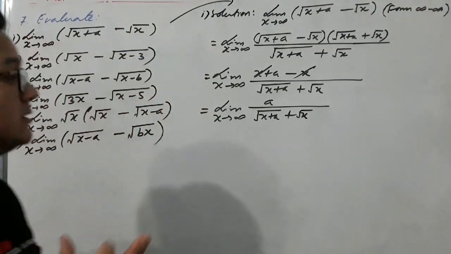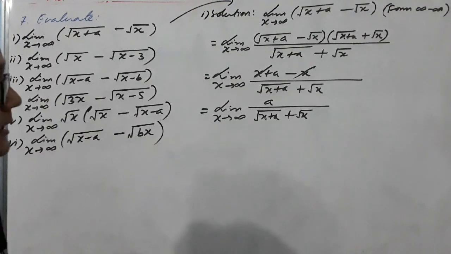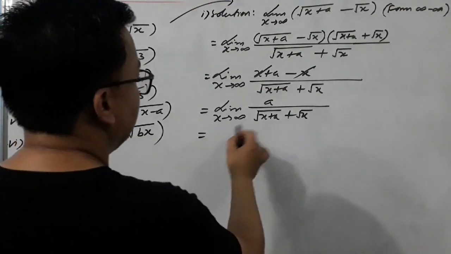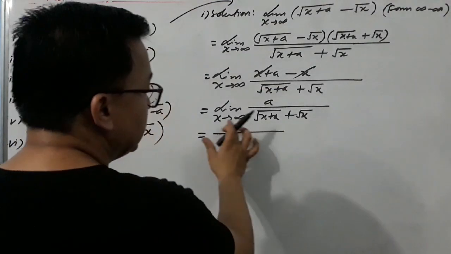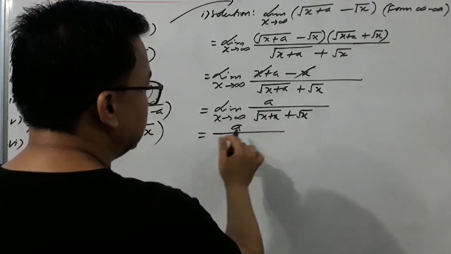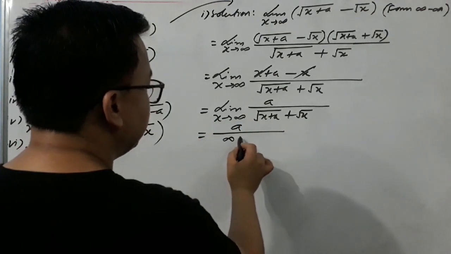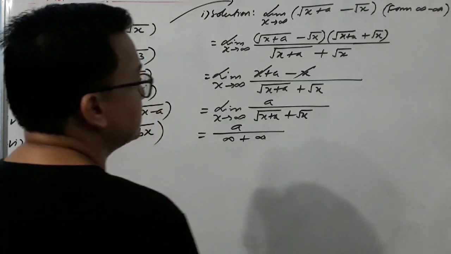Now this is not in indeterminate form, right? As x tends to infinity, x plus a is also infinity, and root of infinity is also infinity.